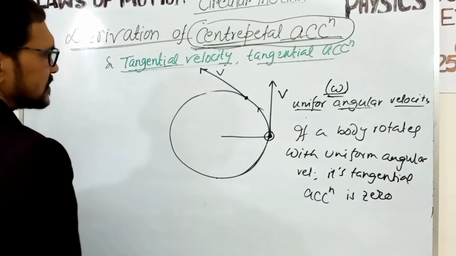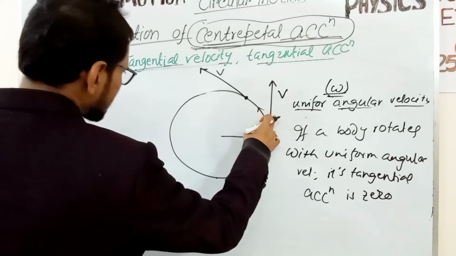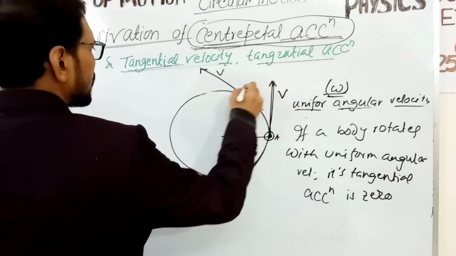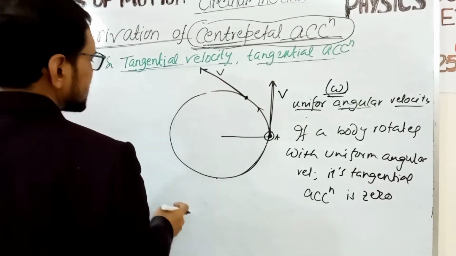But here the magnitude is not changed, but it changes its direction. When the particle is here, the direction is this, when the particle is here, the direction is this. So it changes its direction.